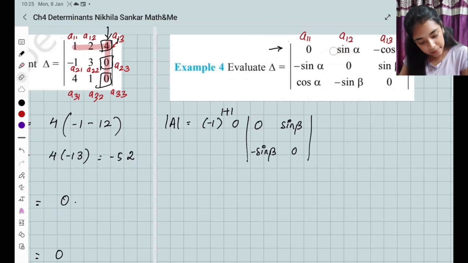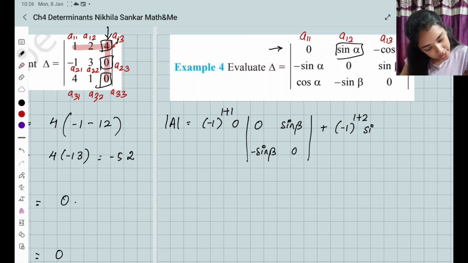Let me erase that. Now I'm going to talk about the second element. Second element, plus, I'm going to add all the steps: step 1 plus step 2 plus step 3. So plus, I have minus 1 to the power, now it is A12, right? So it is going to be 1 plus 2 times sin alpha, and the determinant now is going to be, if we neglect the first row and second column, I'll have minus sin alpha, then sin beta, cos alpha and 0.